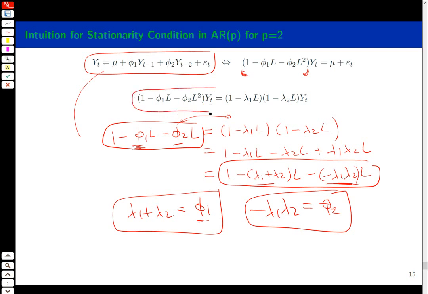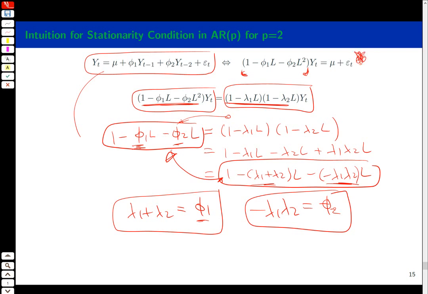So lambda 1 and lambda 2 are governed by whatever these coefficients phi 1 and phi 2 are. This is just a quadratic in L. We normally do a quadratic in x, but it doesn't matter. We want to find lambda 1 and lambda 2 which make these two sides equal.